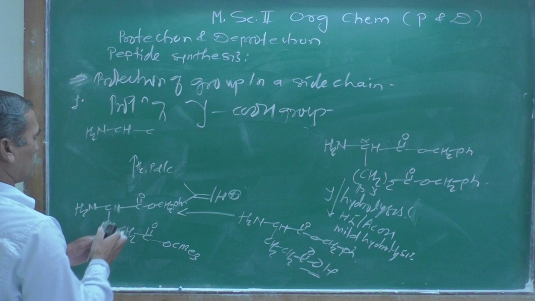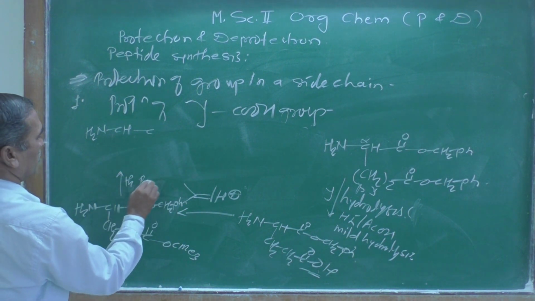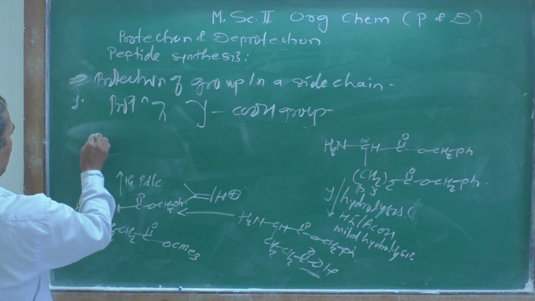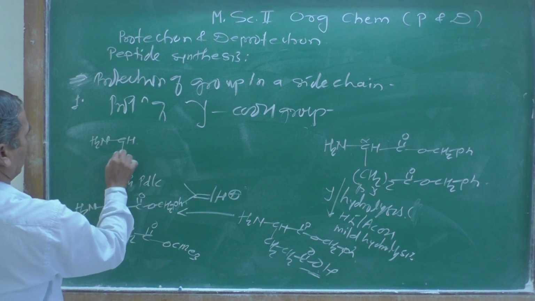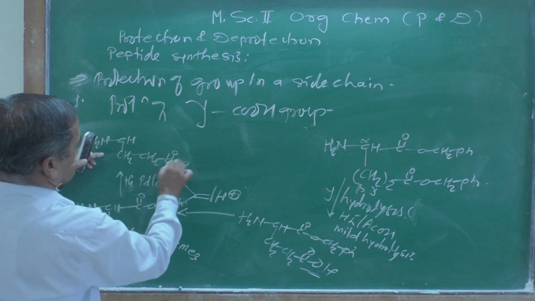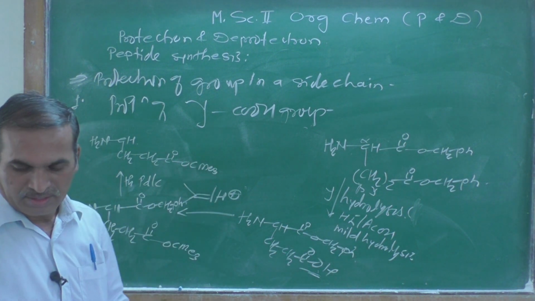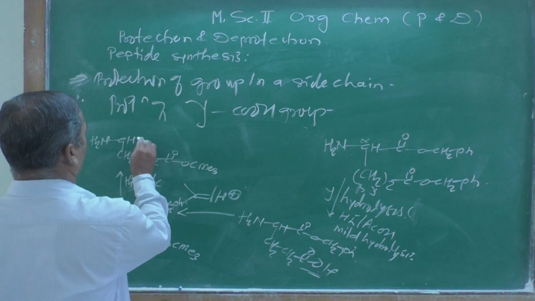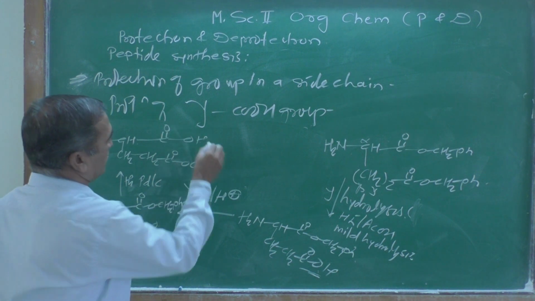After the hydrogenolysis with H2 and palladium, we get NH2, then CH, this CH2, C double bond O, CMe3 as it is, and therefore here we get C double bond O, OH.